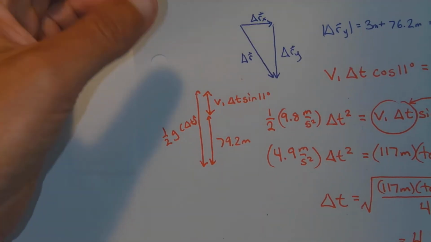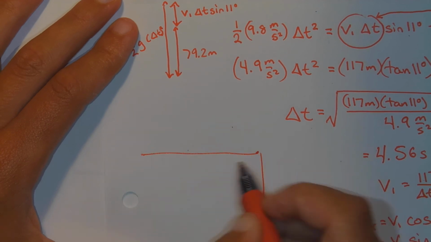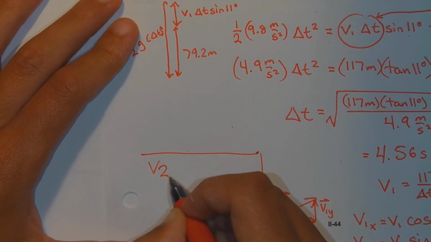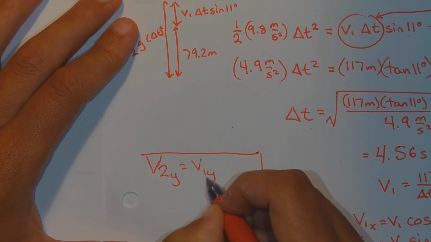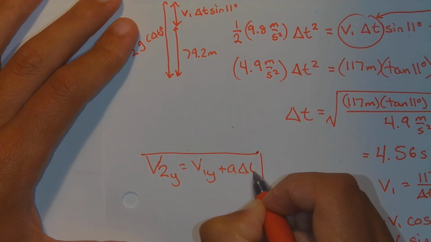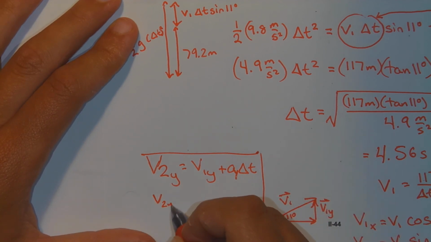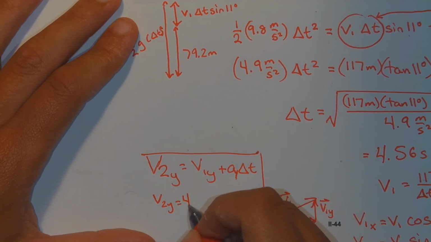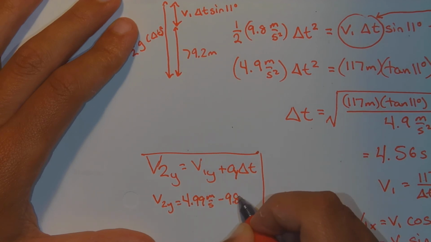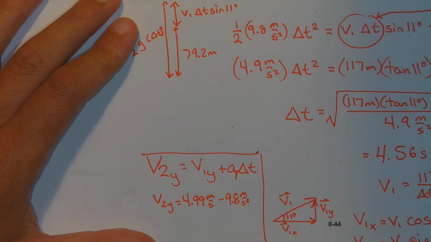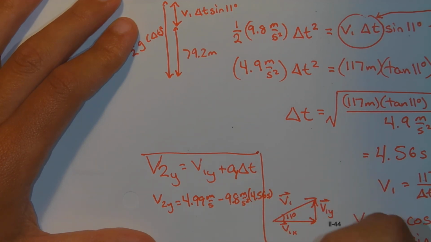And so finally, v2y is equal to v1y plus acceleration times delta t, acceleration in the y direction times delta t. So v2y is equal to v1y, that's 4.99 meters per second, minus 9.8 meters per second squared for the acceleration times delta t, which is 4.56 seconds.